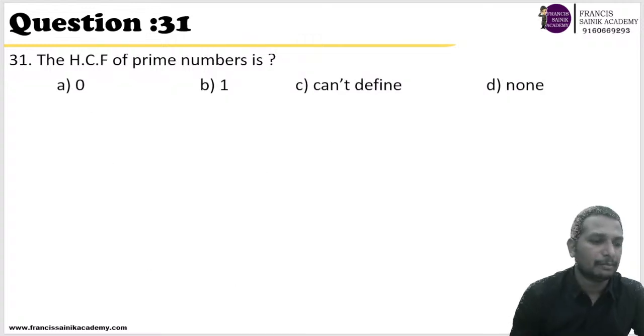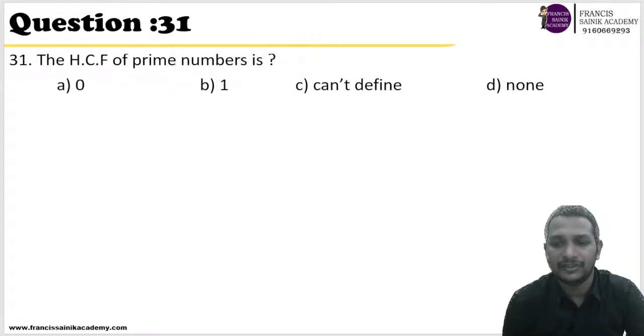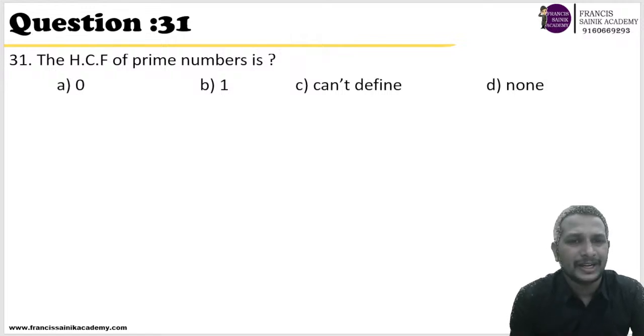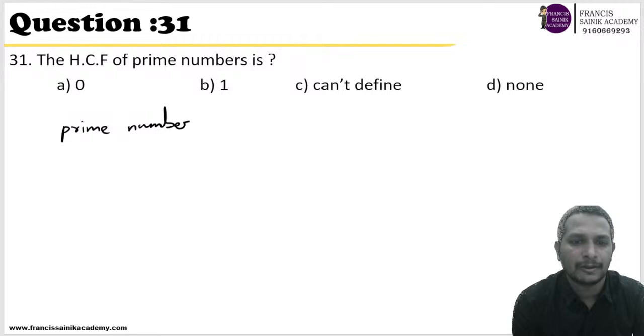HCF of prime numbers. Whenever you want to find the HCF of any two prime numbers, it will always be 1, because prime numbers are divisible only by 1 and itself.